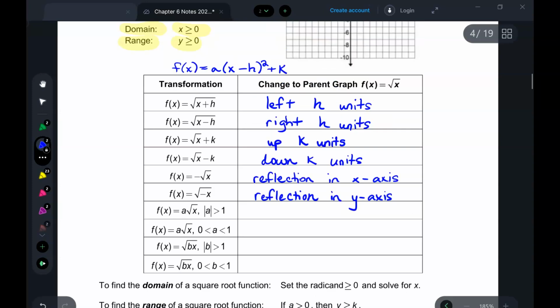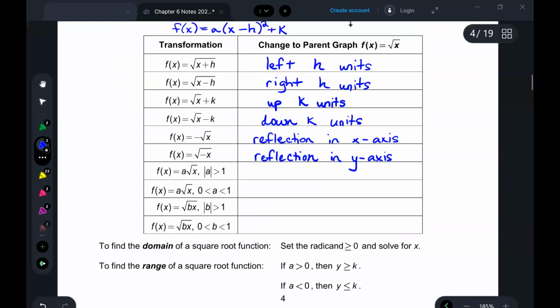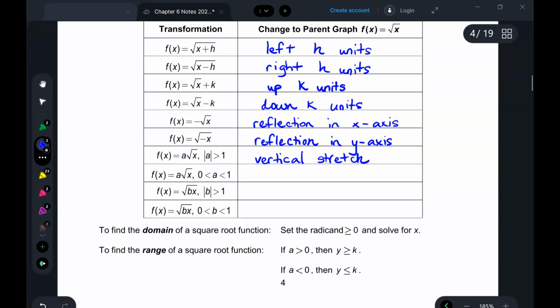Remember, if there was a 2 in front, it makes it more narrow, right? Think stretching upwards, so vertical stretch. And what happens when it's less than 1, like a half? Vertical compression. Good.